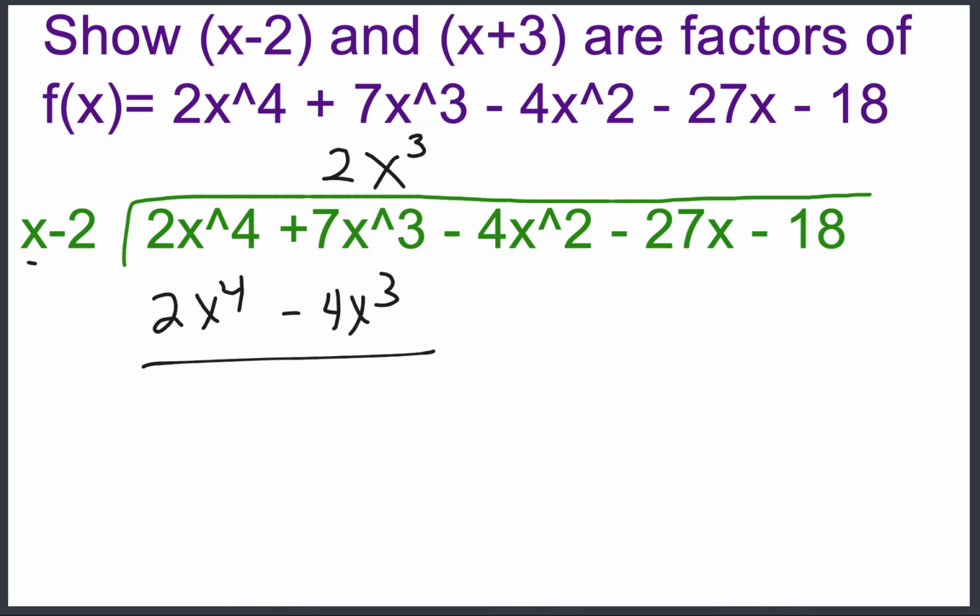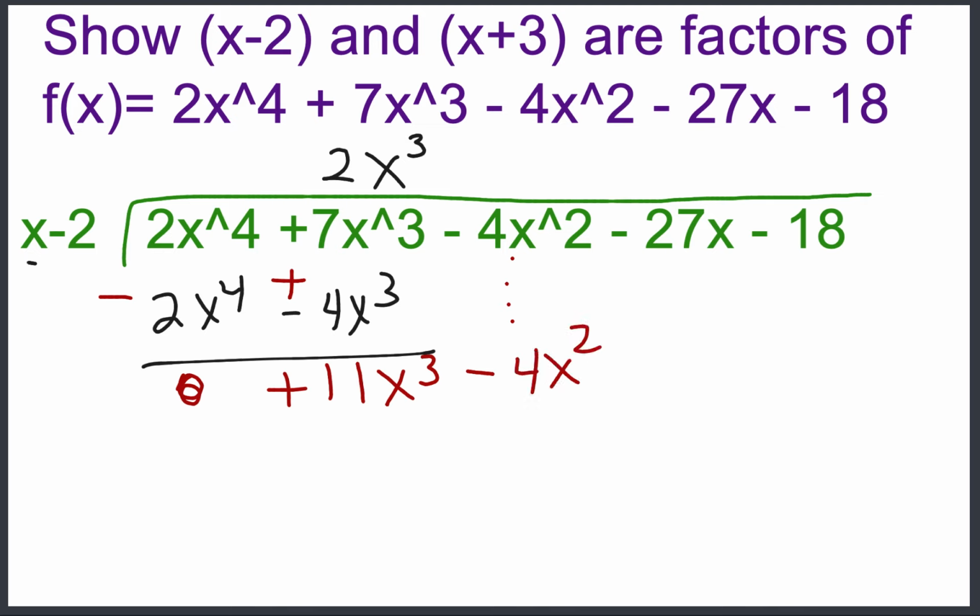And then, as in any good divide problem, I subtract. That means I change the signs. Now this first column is going to add to 0. It always will add to 0. You've got a big problem if it doesn't. The second column probably won't add to 0. It may.